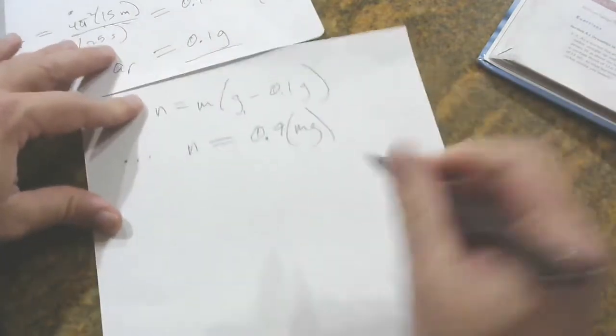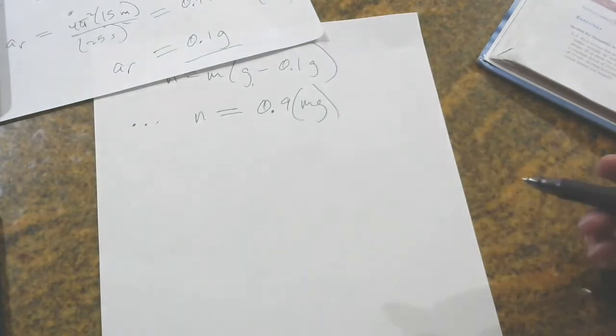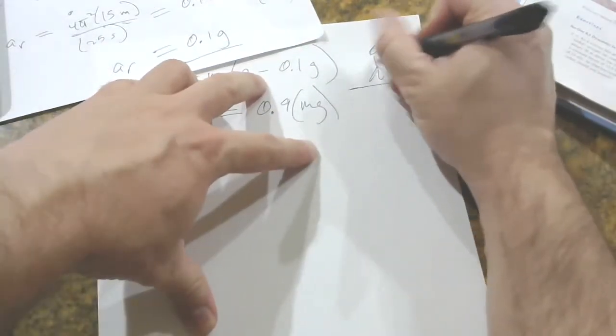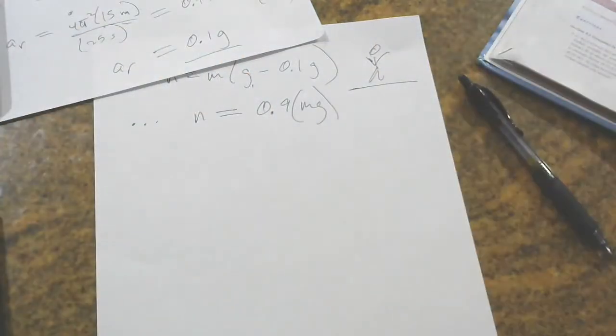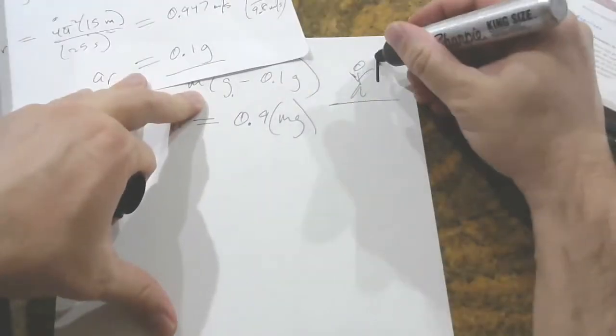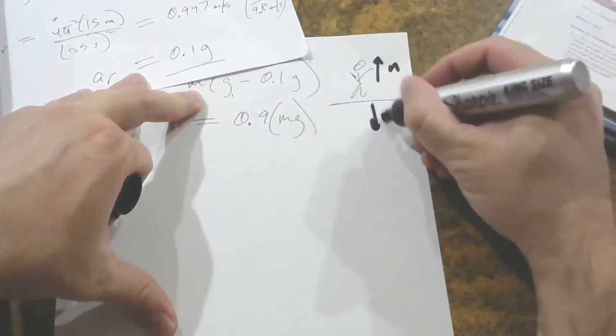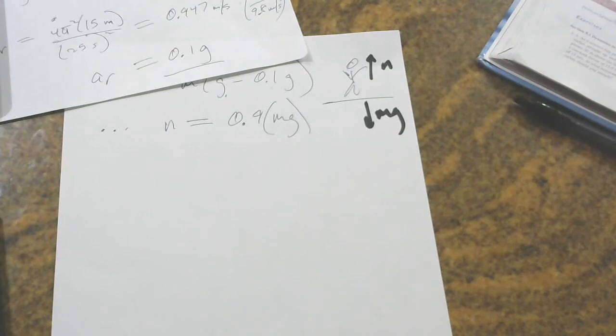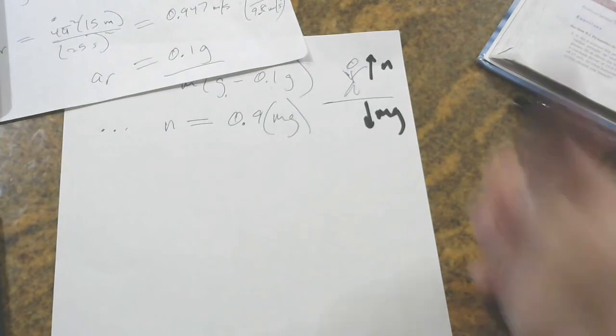And of course, mg is what you would weigh if you were just standing on the ground, right? If this is you standing on the ground, you've got the ground pushing up on you and gravity pulling down. Those two forces have to sum to zero since your body is in equilibrium.